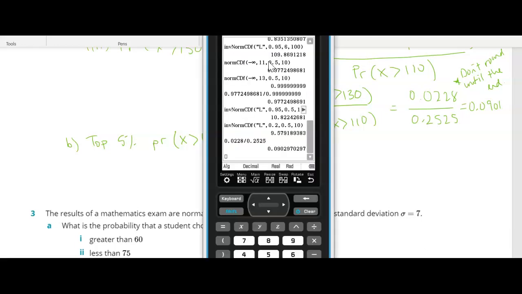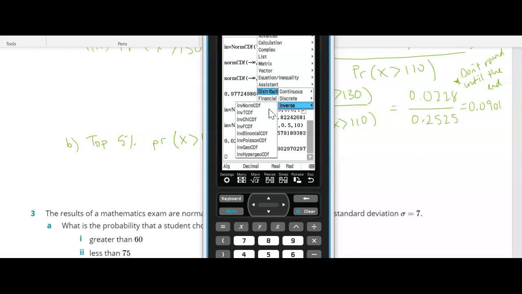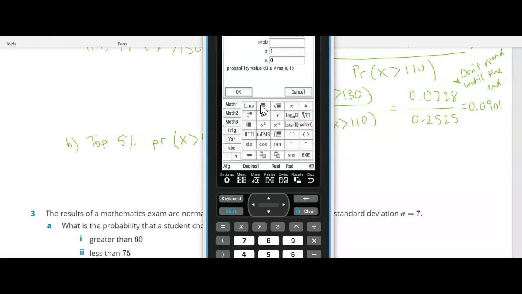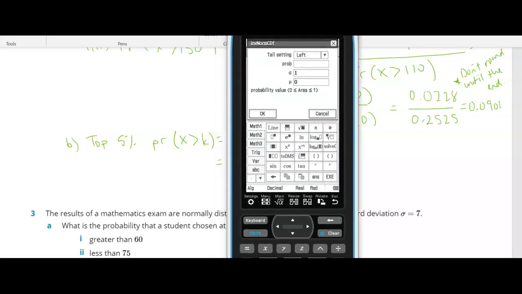On your calculator, let's do it from this screen. We want inverse normal. We want the area to the right, so make sure you select right.